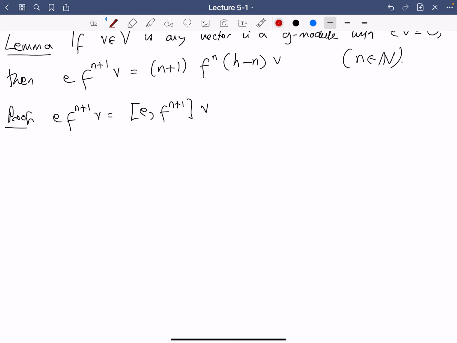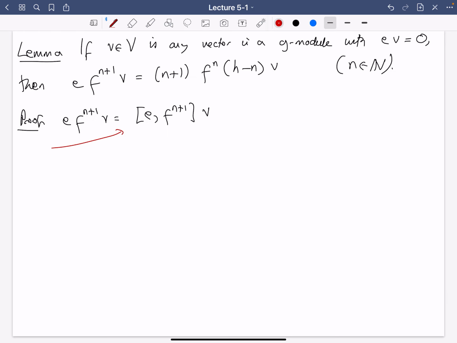So let me emphasize that this right here is the commutator written in the universal enveloping algebra. Okay, but now we're taking a commutator of something in an associative algebra, so taking the commutator satisfies the Leibniz rule, so we can calculate that.